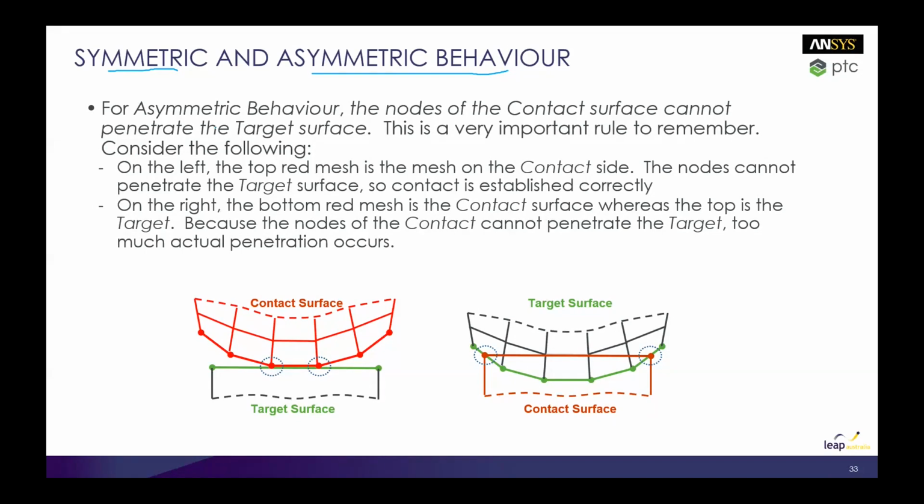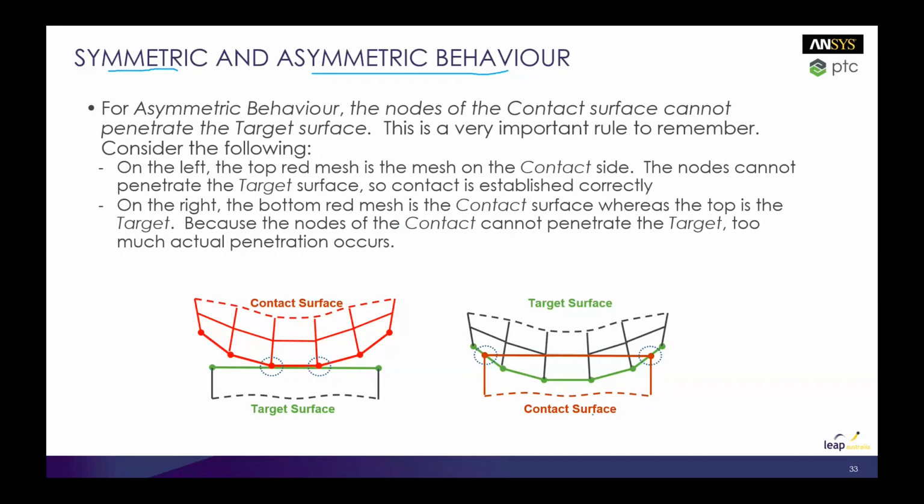This is important to remember. On the top, the red mesh is on the contact side, and the green is the target side. You can see there's only one element across here. So when these nodes try to cross that target segment, they can't go any further, so the contact is established.